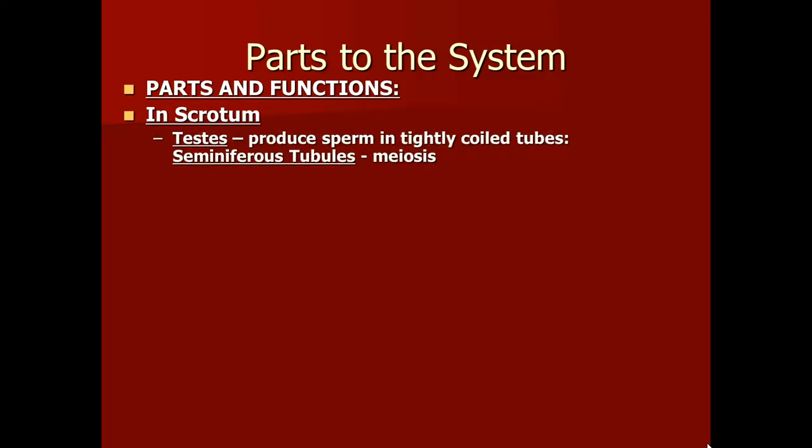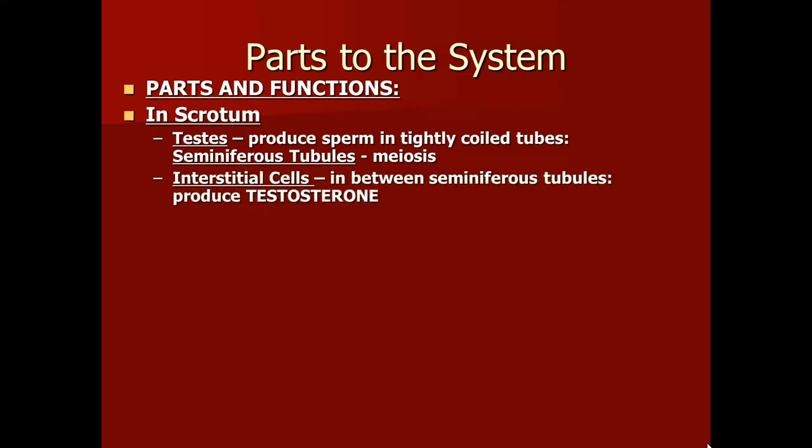The testes produce sperm in tightly coiled tubules called the seminiferous tubules. And in the seminiferous tubules, meiosis occurs from way back when. Also, another set of cells in there produce testosterone, and those are called interstitial cells. Okay, the IC cells in between the seminiferous tubules produce testosterone.